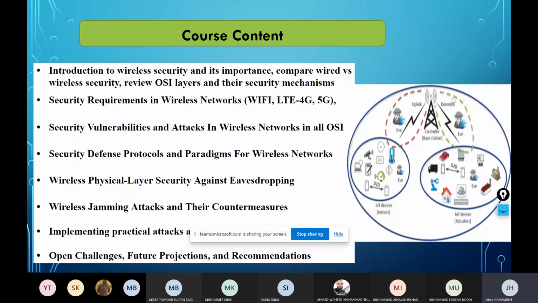After we explain these threats and attacks and discuss some of the recent attacks and recent vulnerabilities in this domain, we will explain the methods, protocols and paradigms that are used to secure the wireless networks against previous attacks.